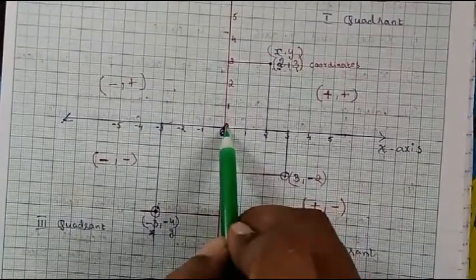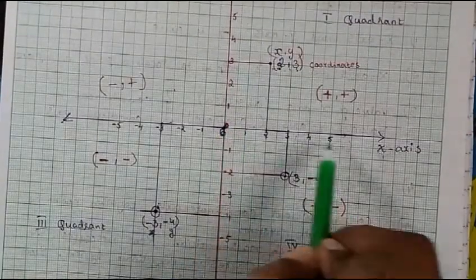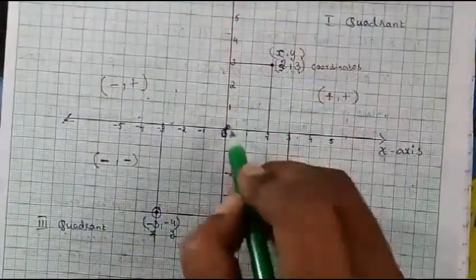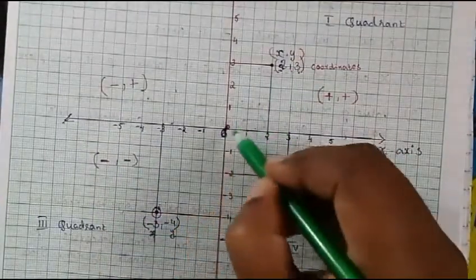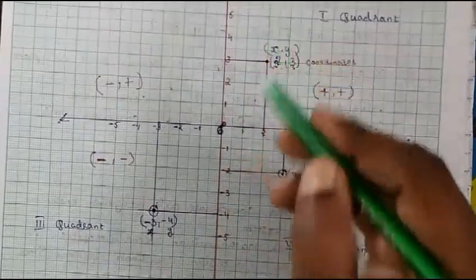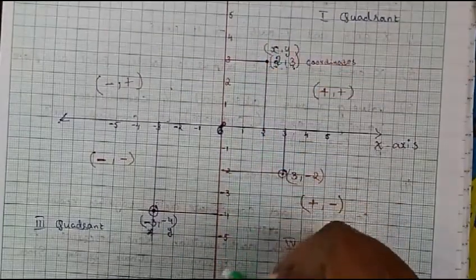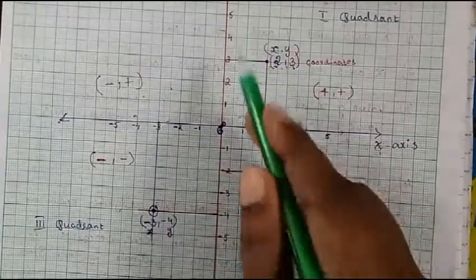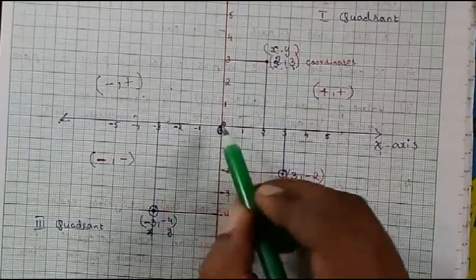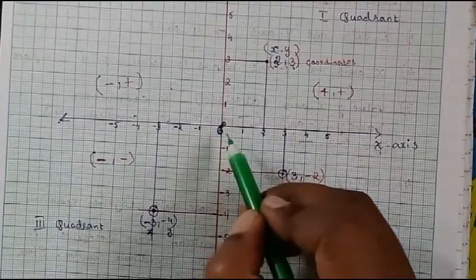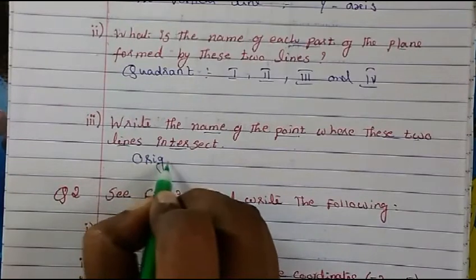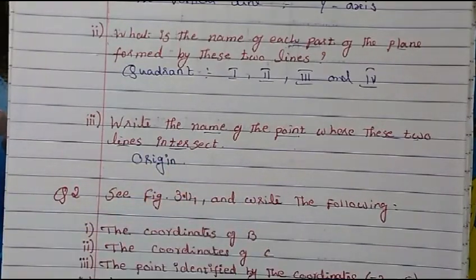For x-axis also, it starts from here: 1, 2, 3, 4 in this direction, minus 1, 2, 3, 4 in this direction. For y also, it starts from the center here. So 1, 2, 3, 4 positive goes in the up direction and minus 1, 2, 3 comes towards the down direction. So for both x-axis and y-axis, the origin is here. The intersecting point we call the origin. So the answer is origin. So that's about question 1.